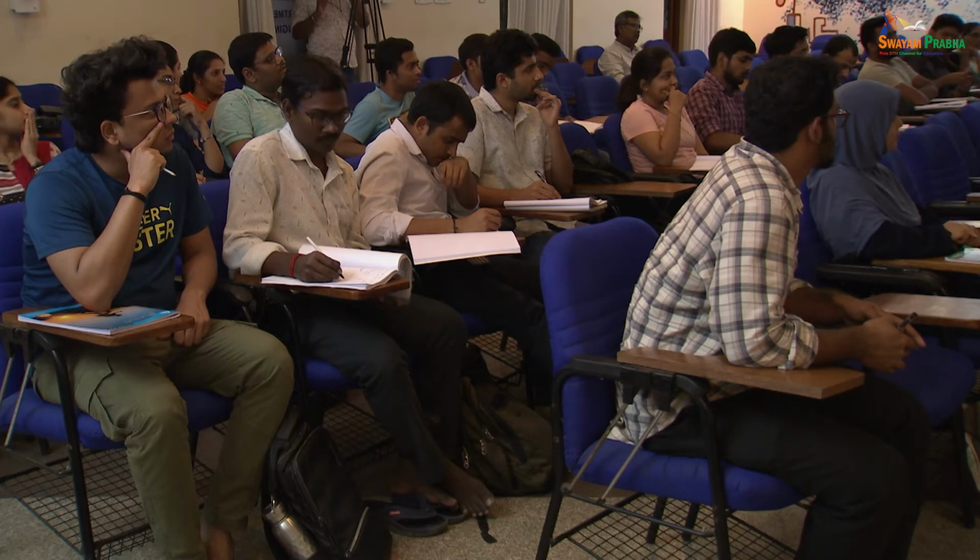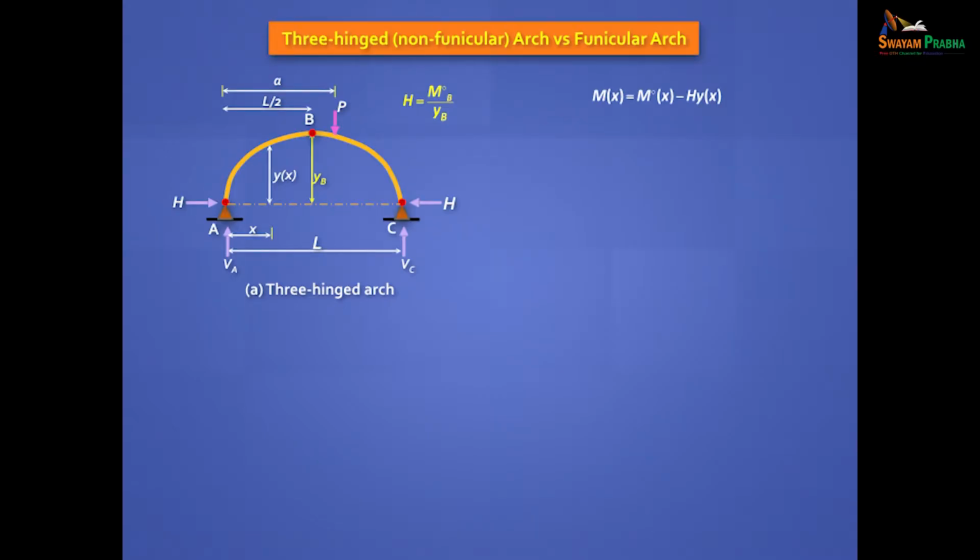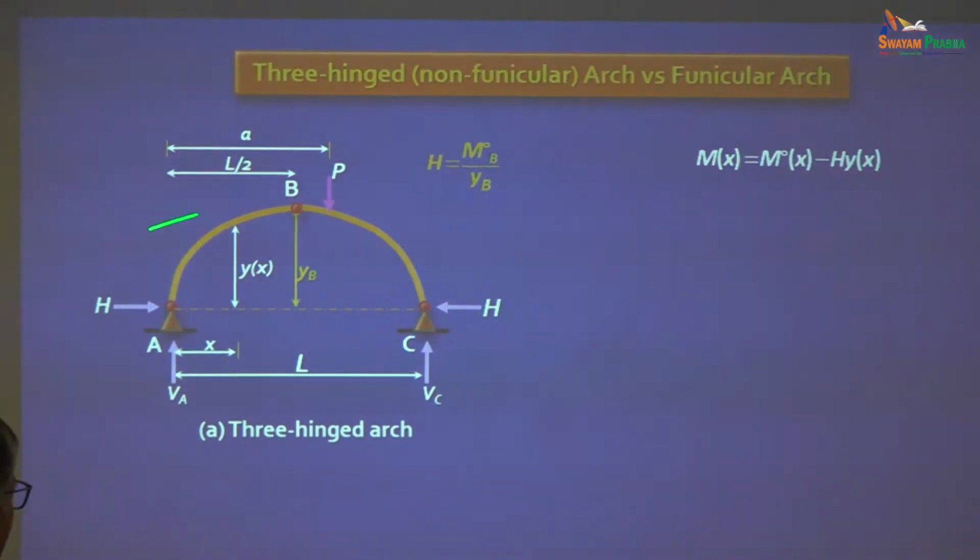So what is capital H? If the free bending moment at B is M naught B, what is capital H? Right, M naught B by YB. Yes or no? M naught B is in a simply supported beam.